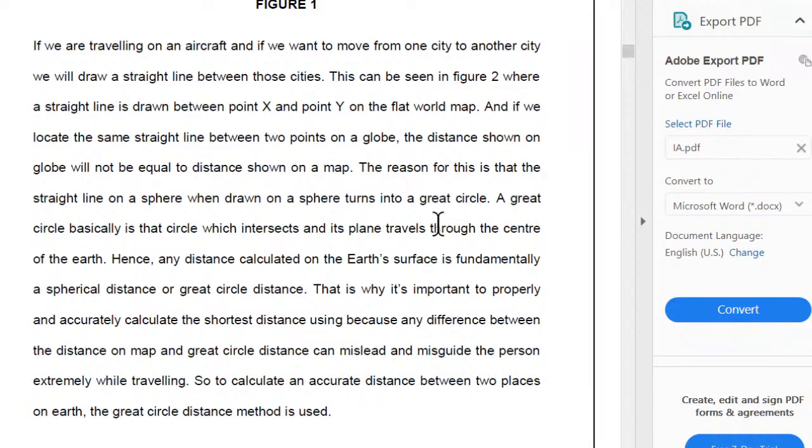It's going to explain why this is: spheres are not straight lines in the real world, because maps distort the world. Right? A map is 2D, the world is 3D, so it distorts it.